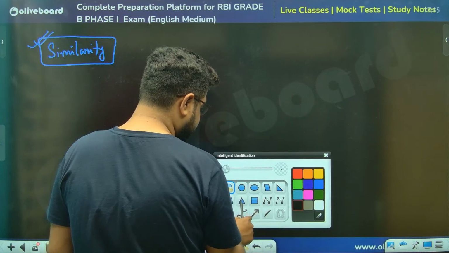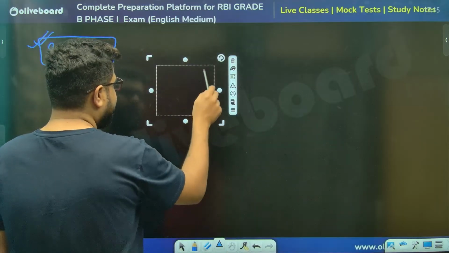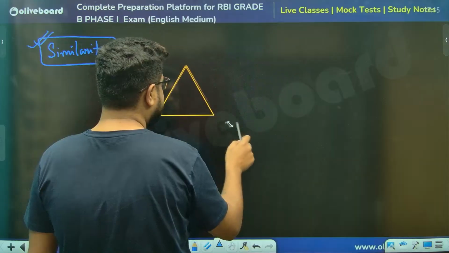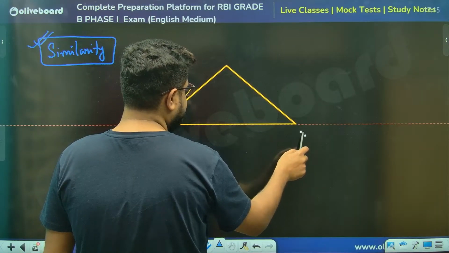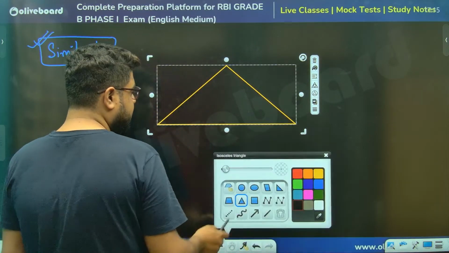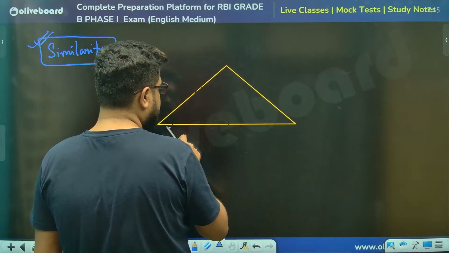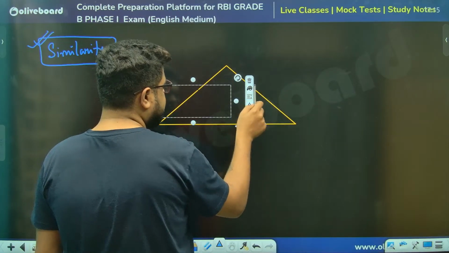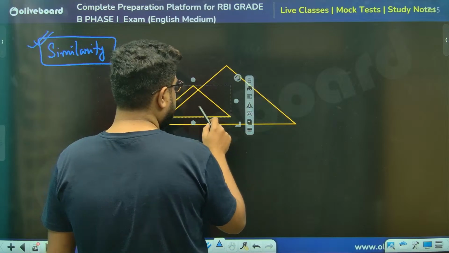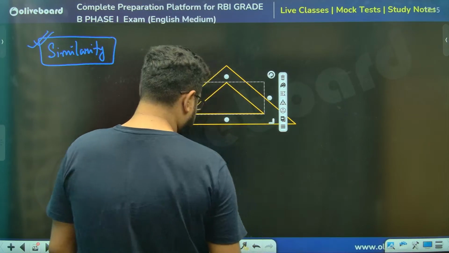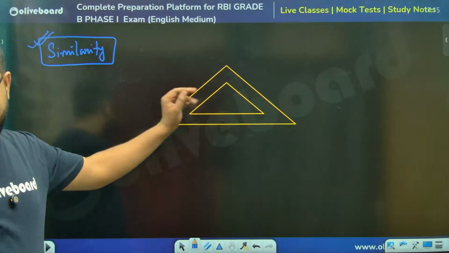I don't know whether you guys remember this or not, we always used to have a set square, which used to look something like this, right? So we always used to have a set square like this one.